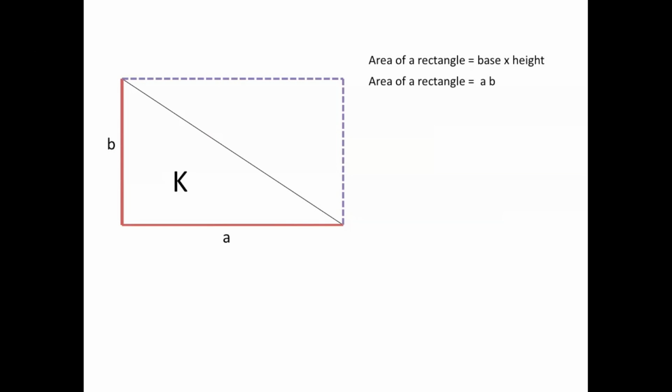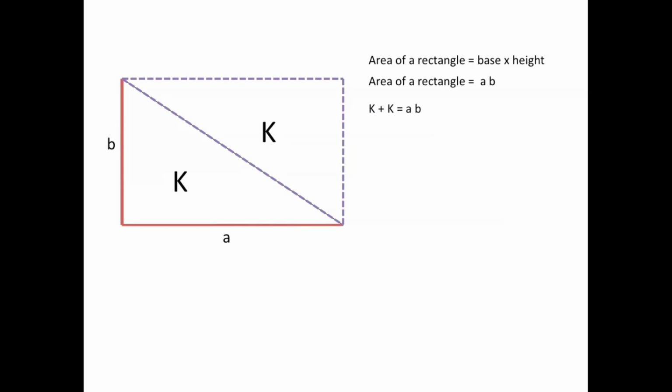So that means the area of this complete rectangle that we've drawn is going to be A times B. Now if you notice, to create this rectangle, we created two congruent right triangles. So the area of the triangle with the dotted purple line also has an area of K.